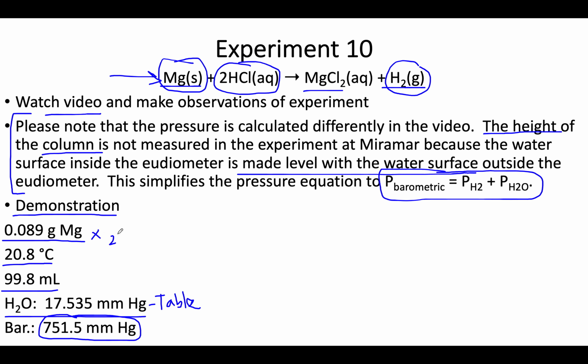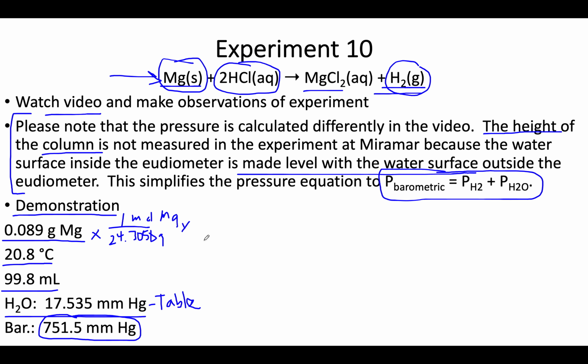to moles. So that's our molar mass of magnesium, and that gets us our moles of magnesium. Okay, well, we're not really interested in the magnesium, okay, but we have to get to moles of magnesium in order to get to what we are interested in, moles of hydrogen.